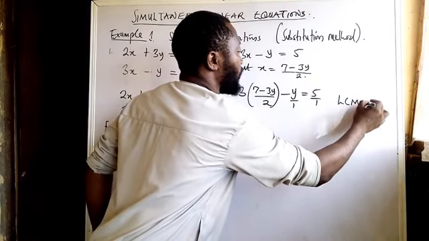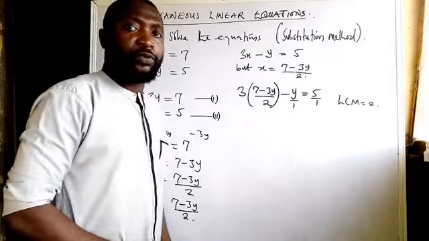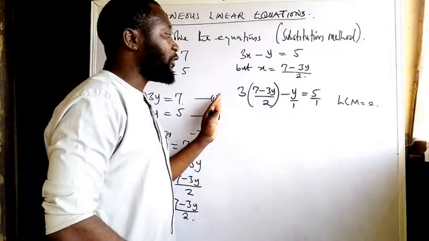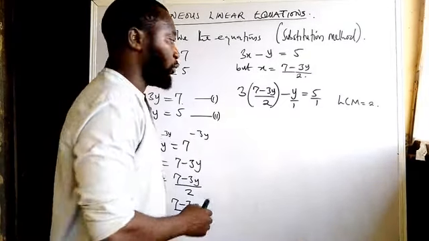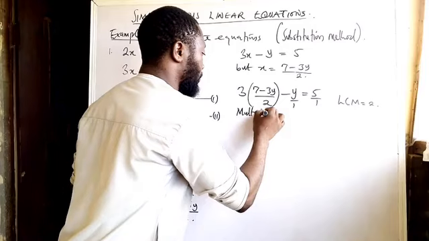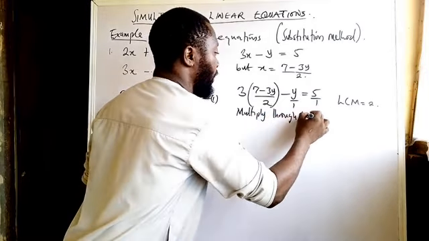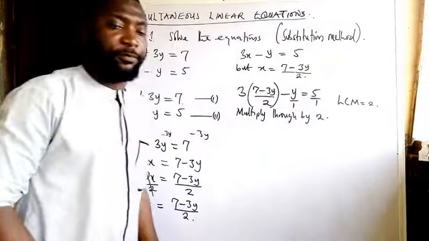LCM equals 2. Now, what you are going to do is this. You multiply through everything here by what? By 2, by the LCM.